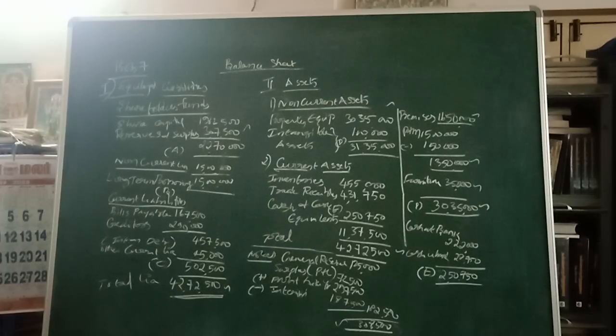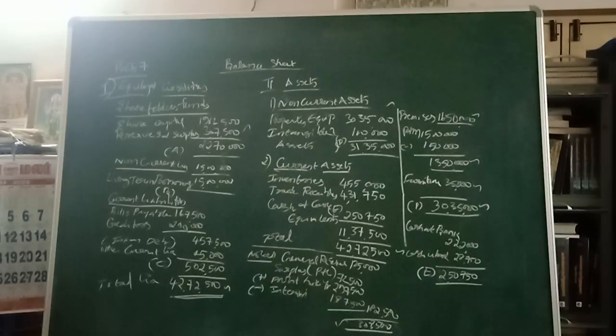On that, provide interest for 6 months. So 90,000 by 2, 45,000 is interest on debenture that should be provided. And that one is taken under other current liabilities.